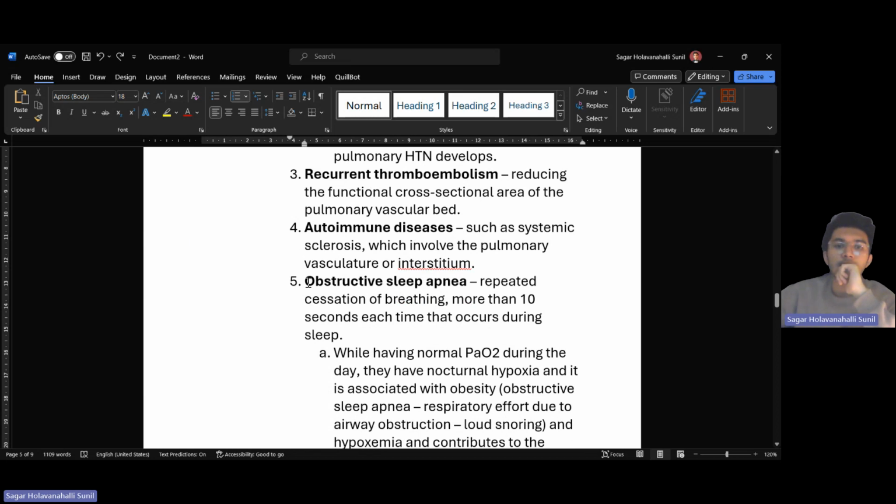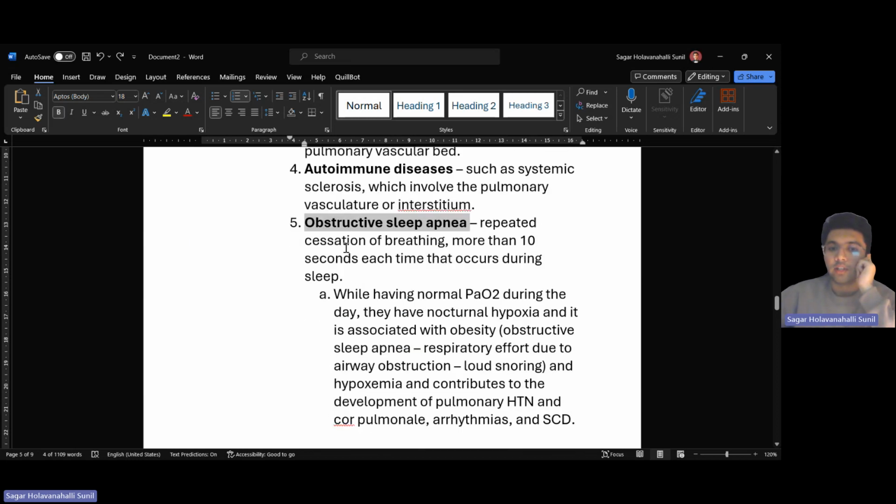Right. Now, obstructive sleep apnea. Okay, so here's the thing. With obstructive sleep apnea, essentially, for example, let's say the tongue is blocking the oropharyngeal connection with the larynx, or let's say that a person is obese and therefore the organs are sort of pushed up, and as a result there's increased respiratory effort due to airway obstruction.